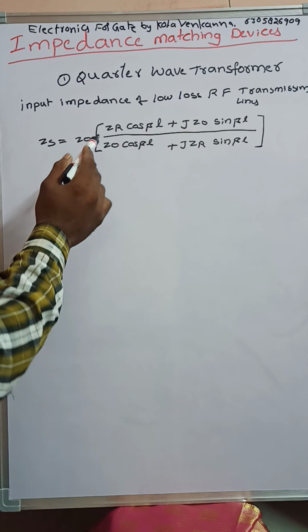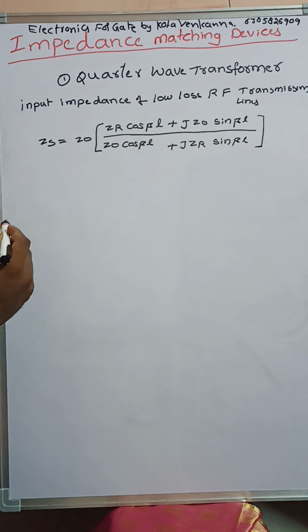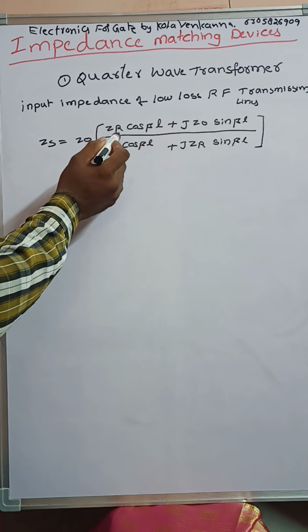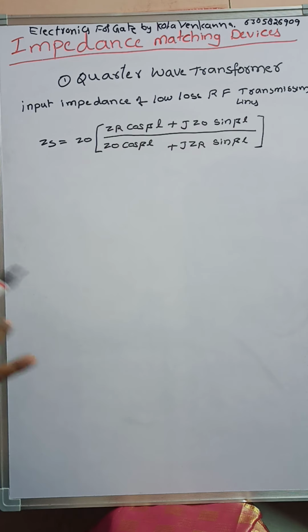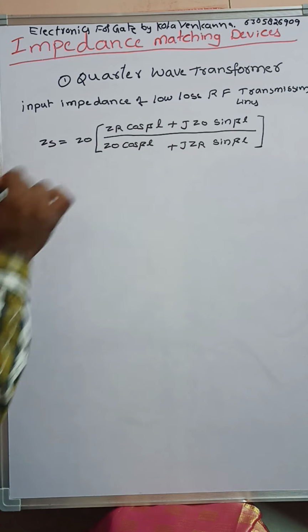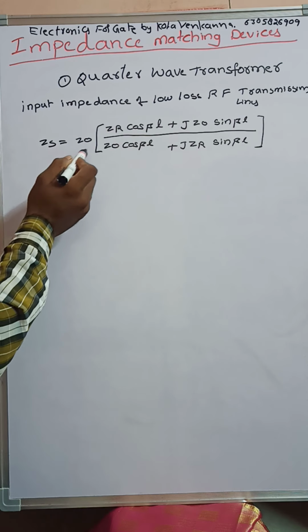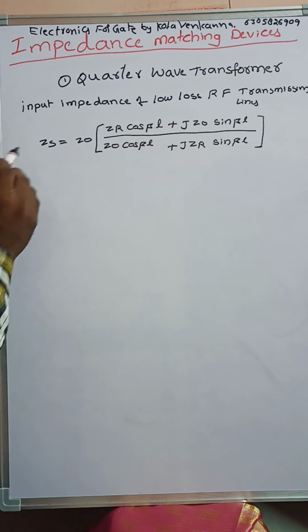By connecting the load Zr, applying the length L equal to lambda by 4 and choosing the proper value of Z0, the input impedance may be obtained.